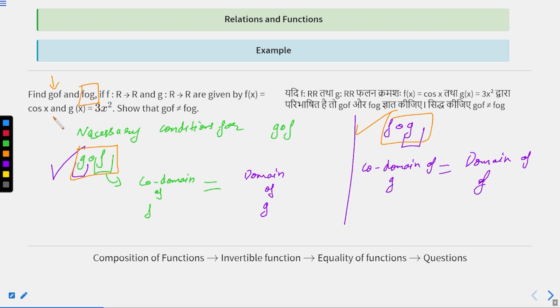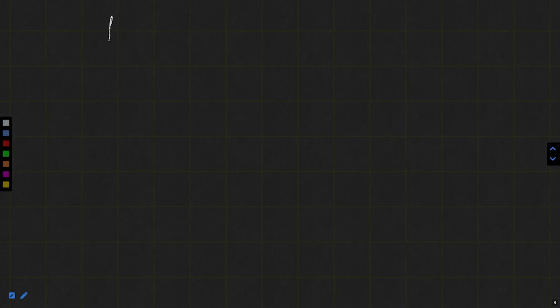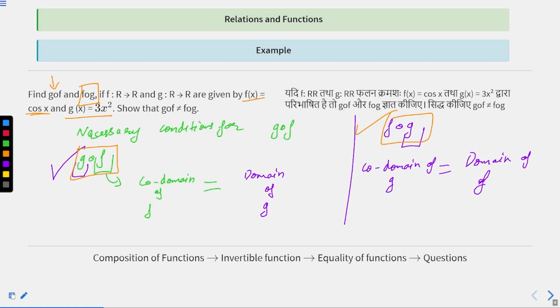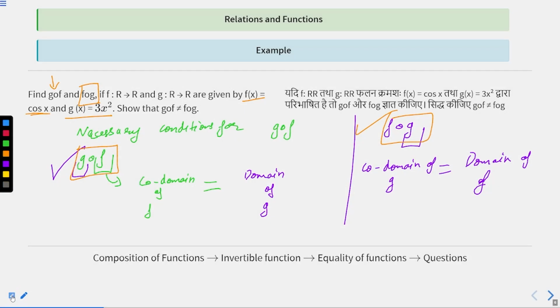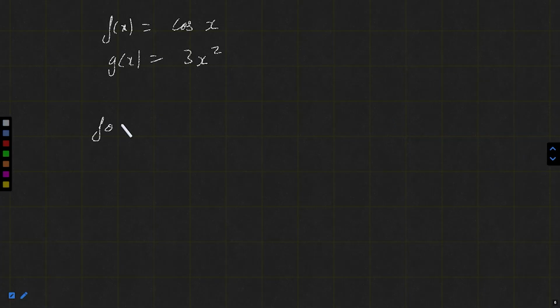Okay. So now let's see, as f(x) is defined, f(x) is equal to cos x, and g(x) is equal to 3x square. Okay. Now what we need? So first of all, let's find f of g(x).